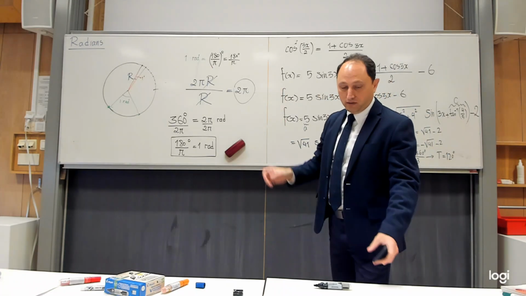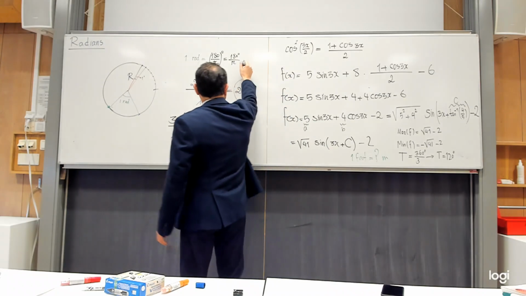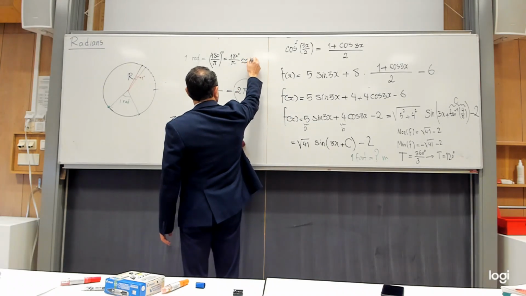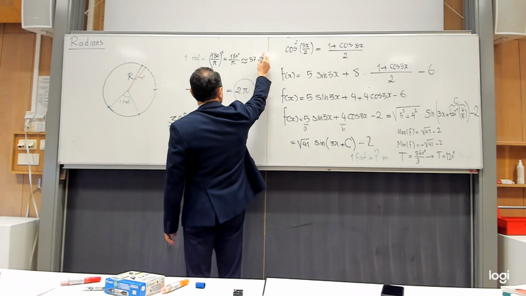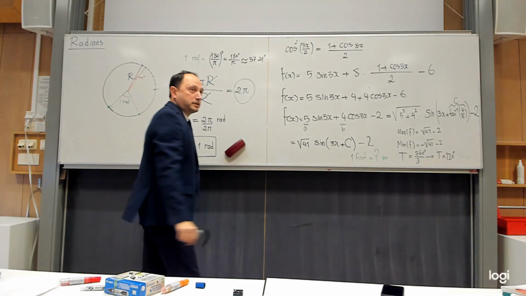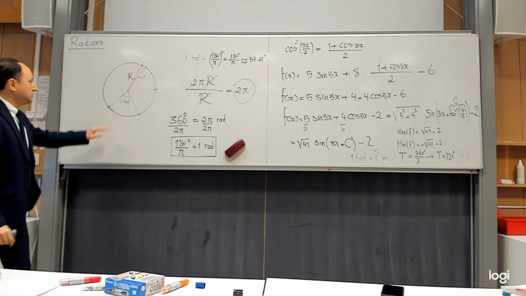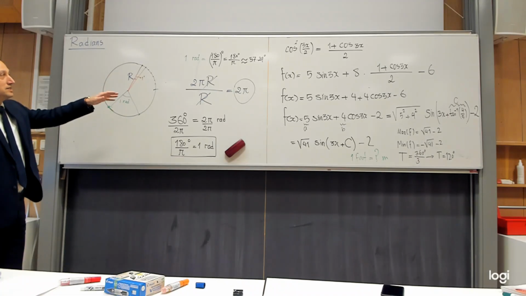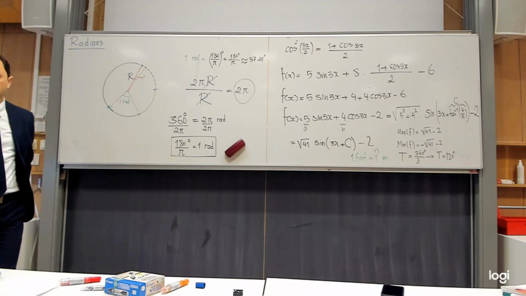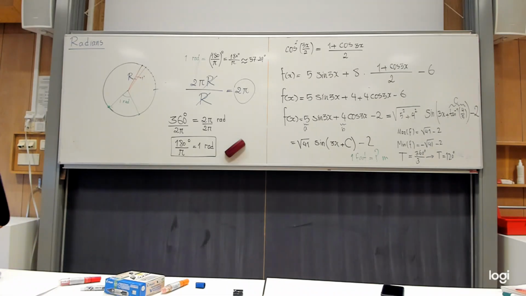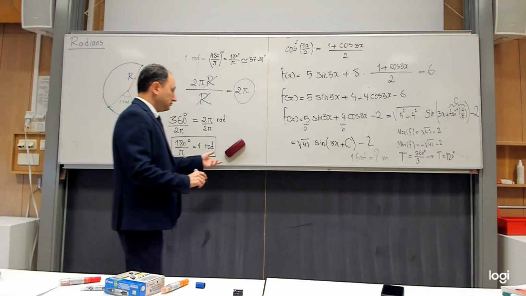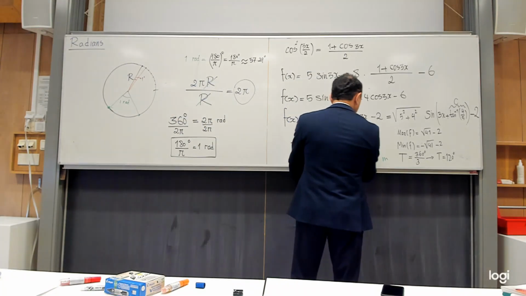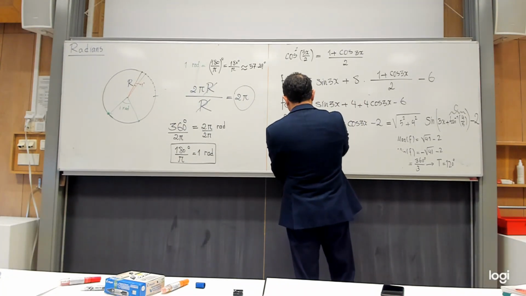Okay, did you calculate? What's the number? 57.29. 57.29 degrees approximately. So your intuition was correct. It is approximately 57 times larger than a degree. Yes? Okay, so that is the meaning of the radian. So that is easy. But now working.